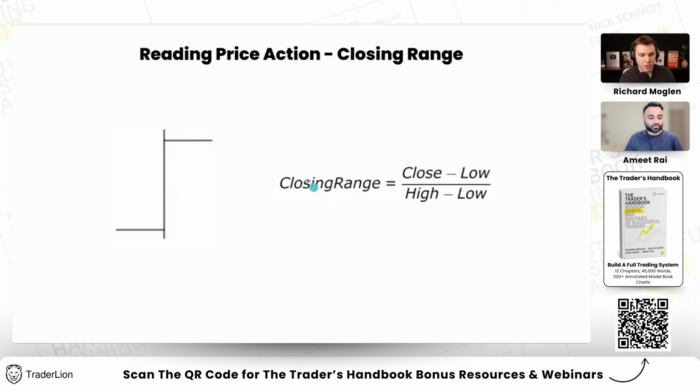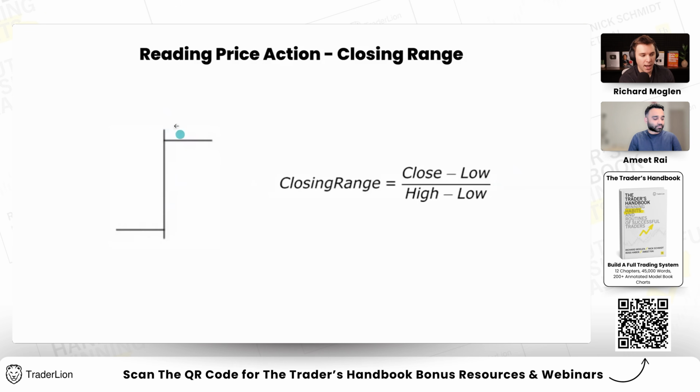And this closing range, if you're mathematically minded, you can think about it mathematically. We have the close minus the low, so this area right here, and then we divide that by the high minus the low, so this range here. You multiply this by 100, and the higher percentage value gives you a sense of where the bar is closing in respect to its range.